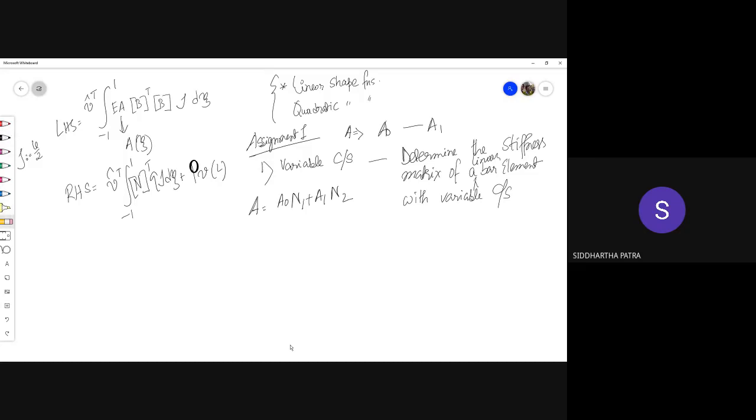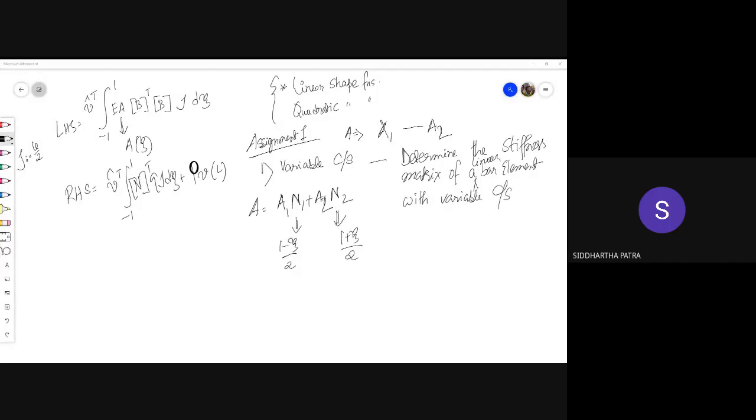For that matter, if it helps, you can say that the cross section is changing from A1 to A2. And the expressions for N1 and N2 are something you already know. So with that, you can integrate and find out the stiffness matrix for a variable cross section.